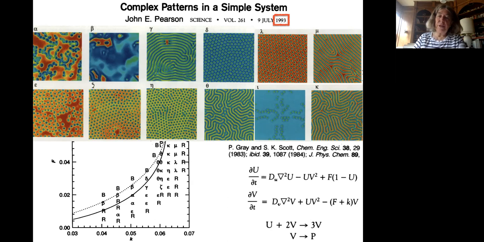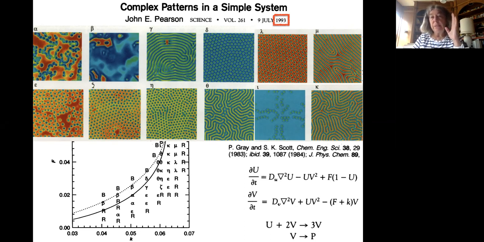Okay, so this Gray-Scott model is kind of a made up chemical reaction. And you can write down the kinetics of this, and then you could add in diffusion of the chemical species, and depending on parameters, you can get this huge diversity of patterns.